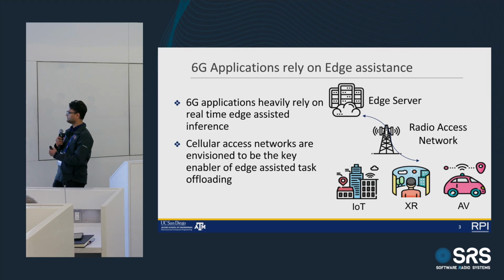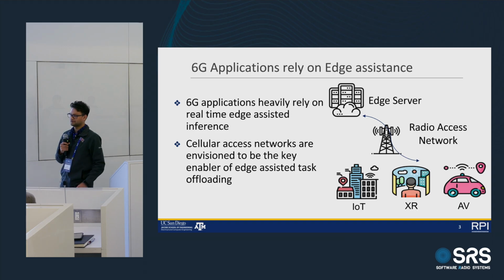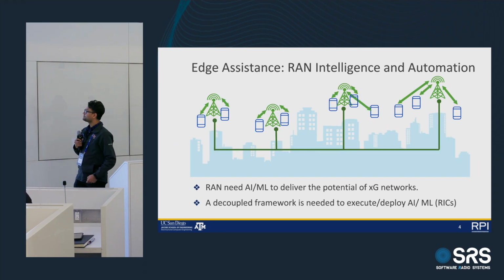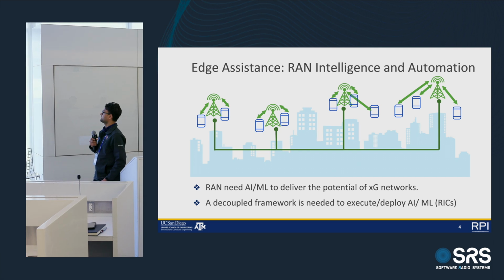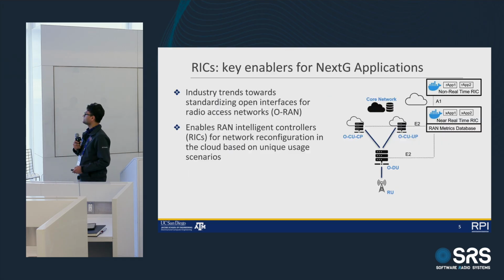It could be AR, VR UEs, IoT devices, or different types of network devices. So how do we enable edge assistance? We have to build RAN intelligent controllers which are driven by AI/ML pipelines, and which are really optimized for edge devices, right?